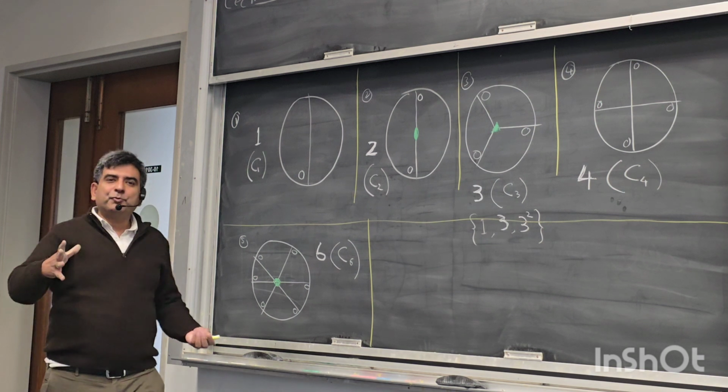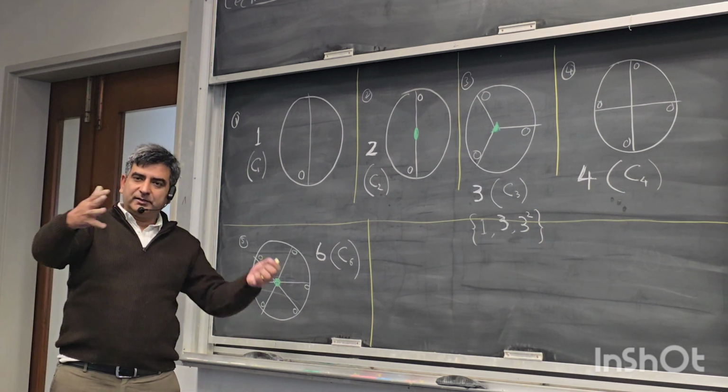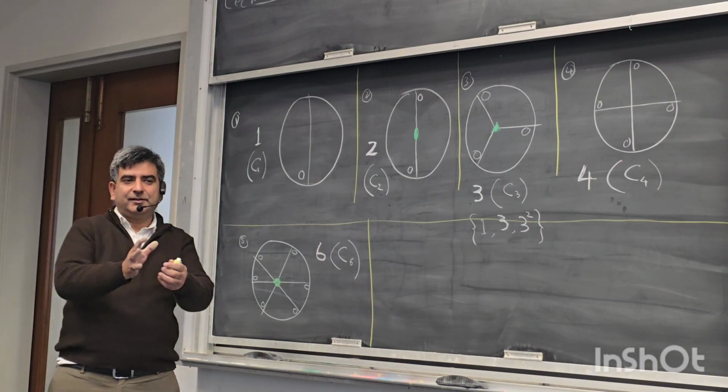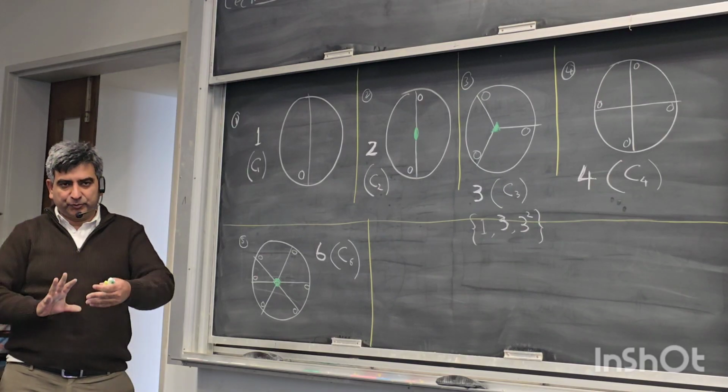Now, these 32 point groups, we'll learn in the next class, can also be subdivided into other kinds of groups.